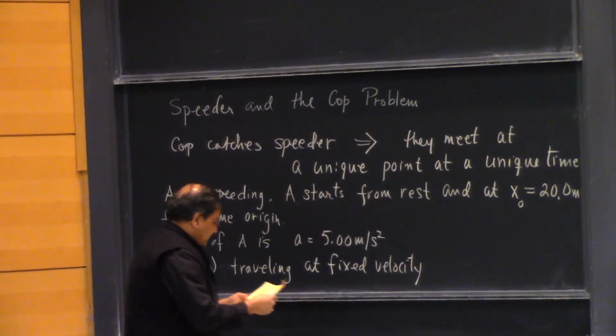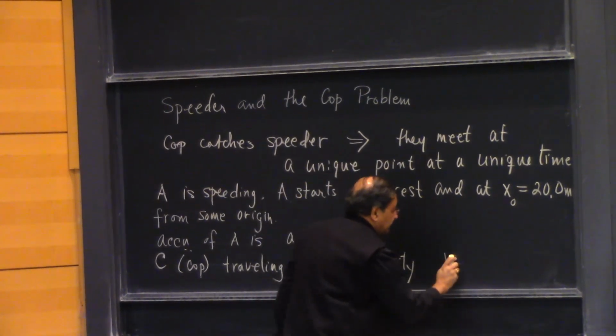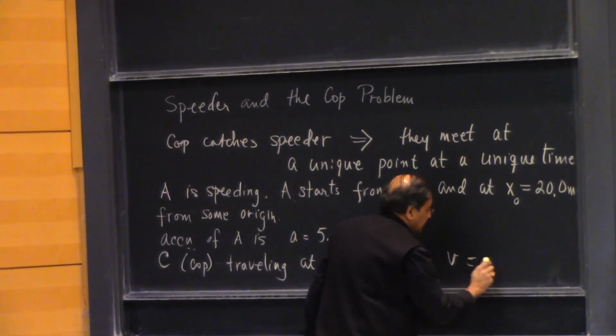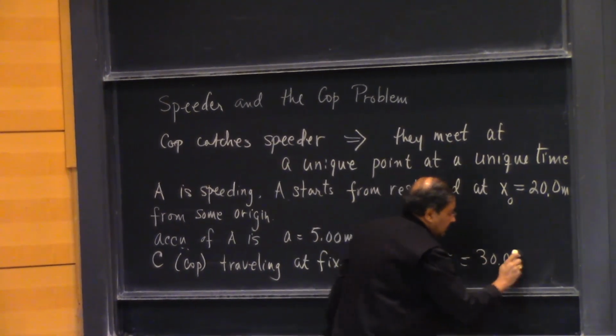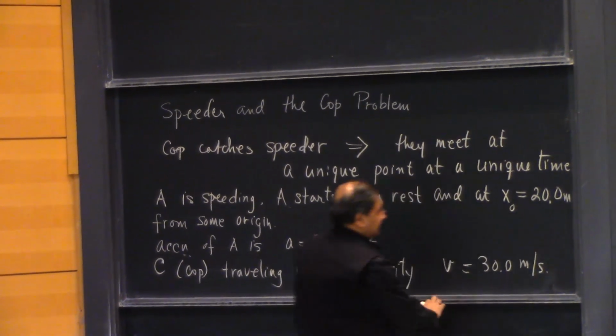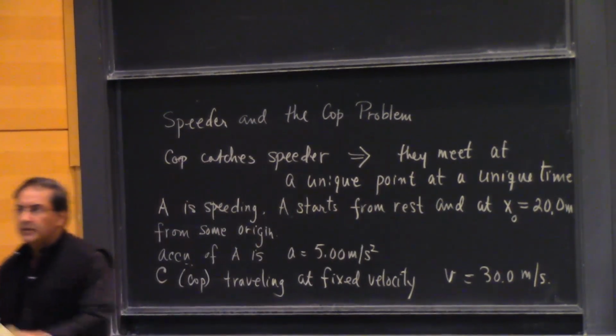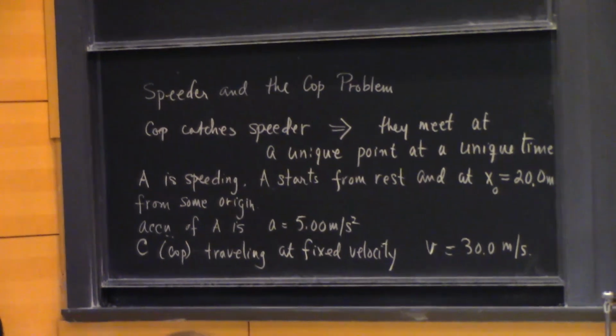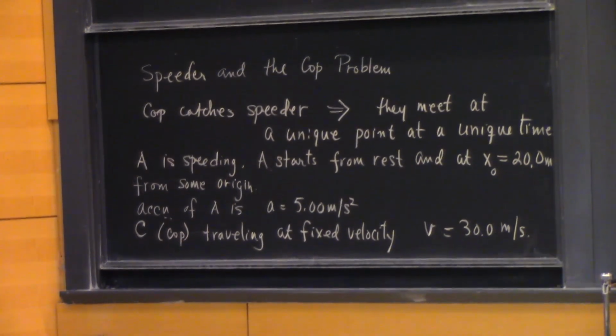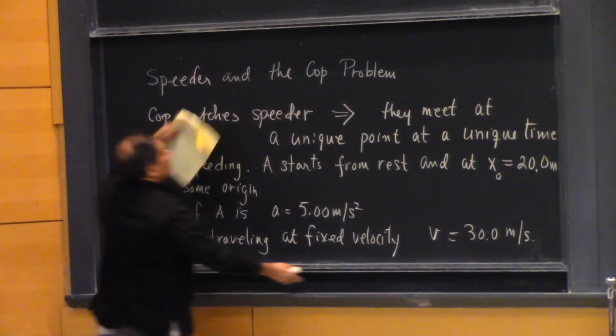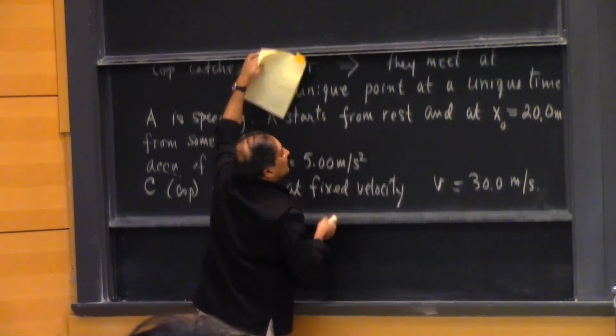Let's call it V, and V is 30.0 meters per second. And this guy obviously starts 20 meters behind the speeder. So let me push this up. Let's just make some space.